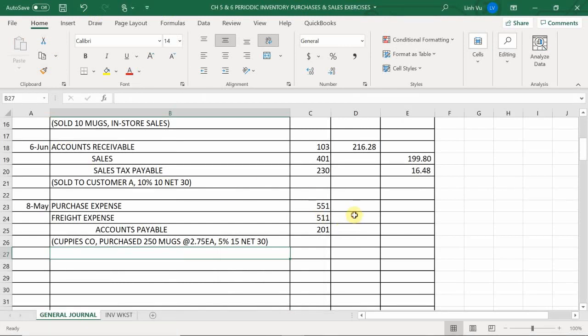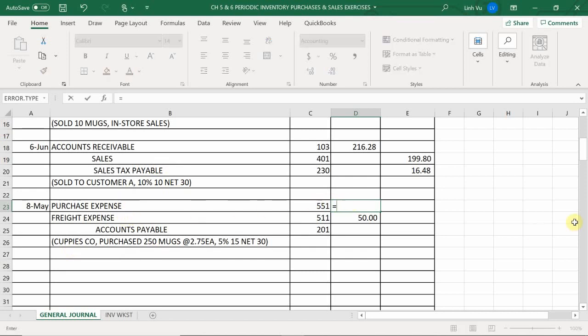So we know the freight is $50. How much is the purchase price? $687.50. Okay, so that's my total purchase. It's $2.75 each times 250.